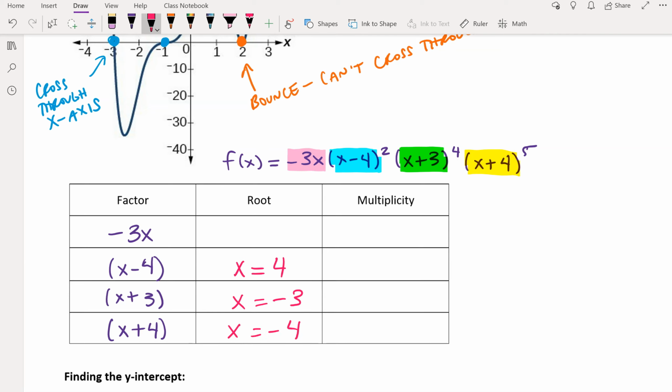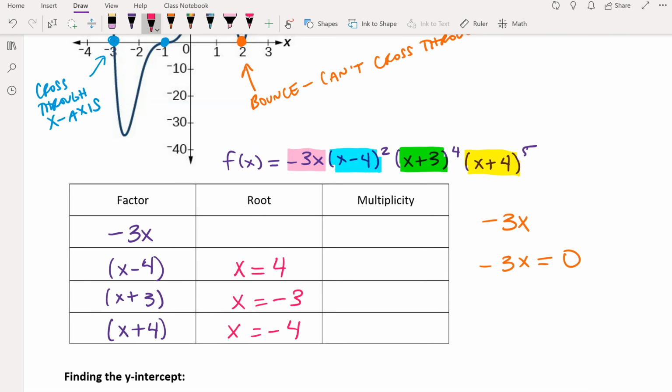All right, this first factor always gets people. My factor is -3x. How do we find the root? We set the factor equal to 0. So -3x equals 0. What does x equal? We should use inverse operations.